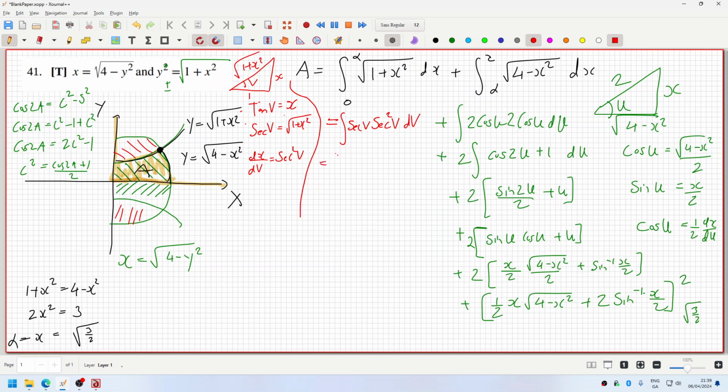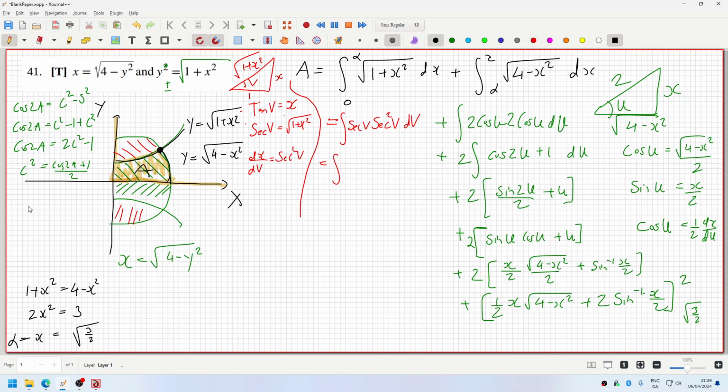So that's equal the integration of sec cubed v dv. That is kind of similar to cos cubed that we have earlier. So actually, I think it might be better to keep it like sec and sec squared v, but then we have to change the sec squared maybe.